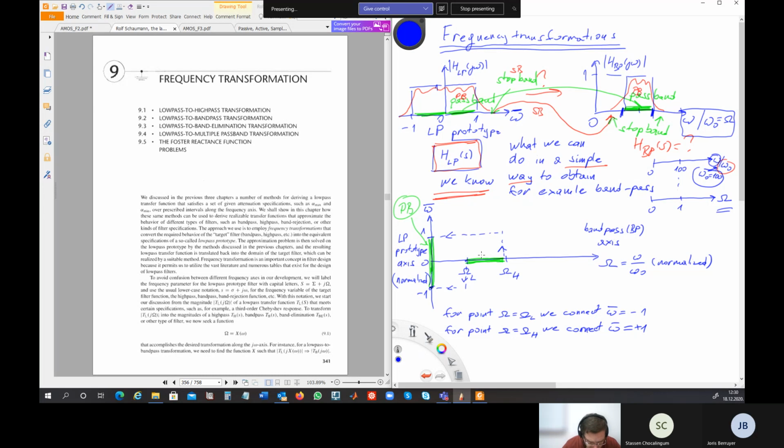Okay, and then we can see what kind of function we need. We can guess that there must be a function like this.